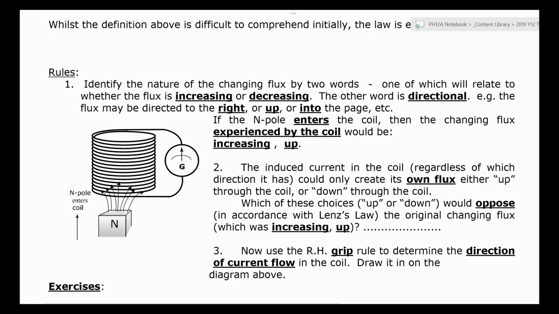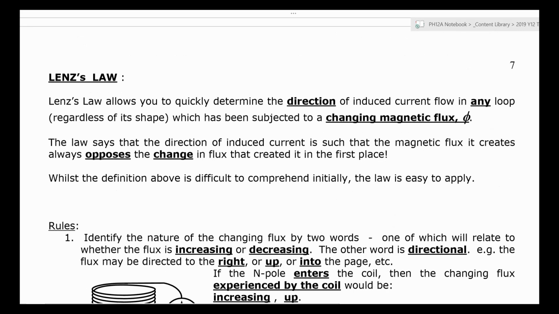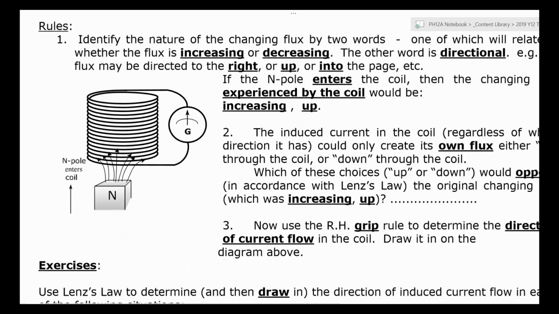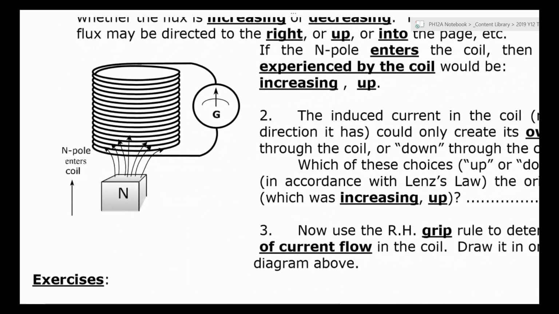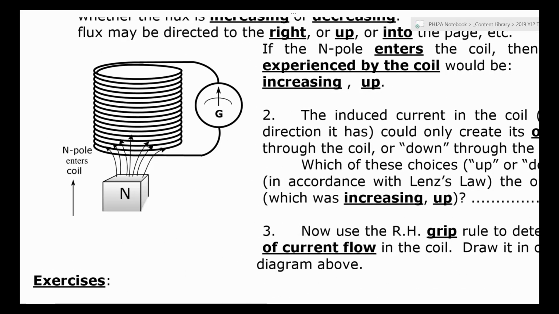In the scenario on page 7 for Lenz's law, you will see that there is a magnet that is going into the solenoid. The solenoid is connected to a galvanometer, as indicated by that little circular thing with a G. A galvanometer, remember, is an ammeter that indicates current flow in both directions with a needle.